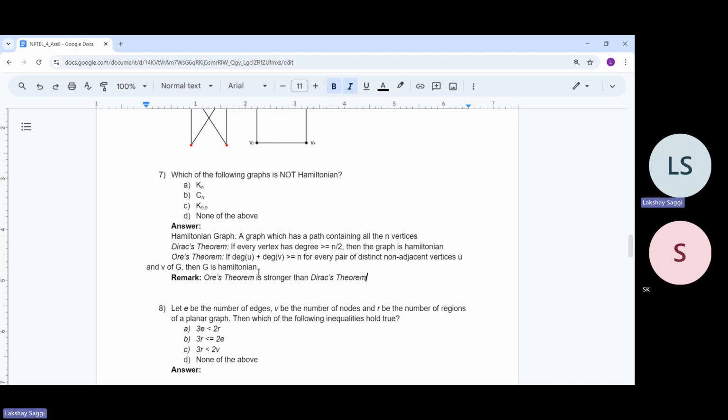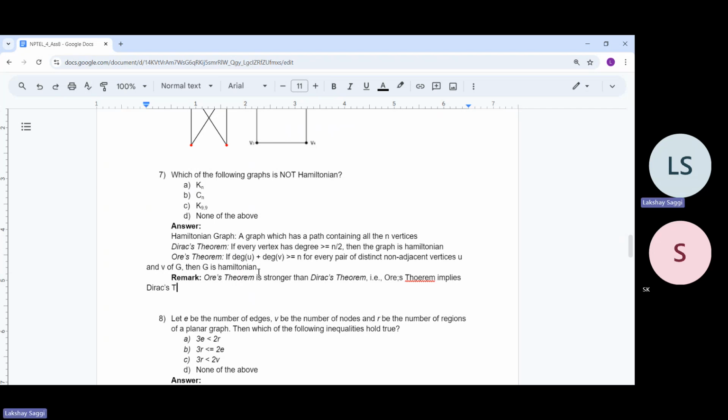And what does this actually mean? This just means that Ore's theorem implies Dirac's theorem. Or let's just say not stronger, but a generalization of Dirac's theorem.